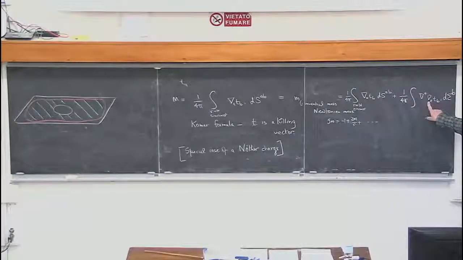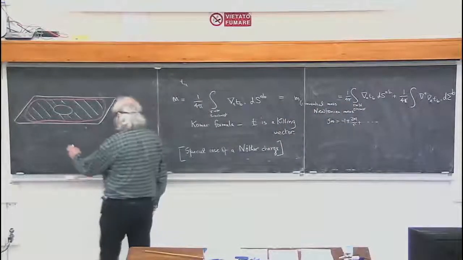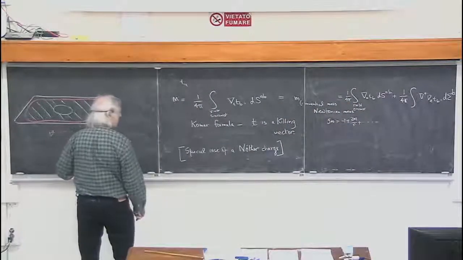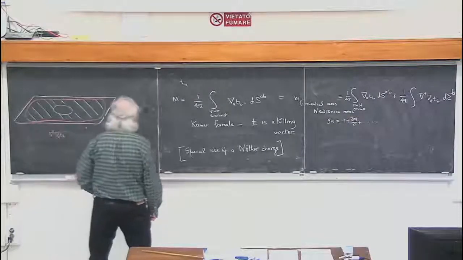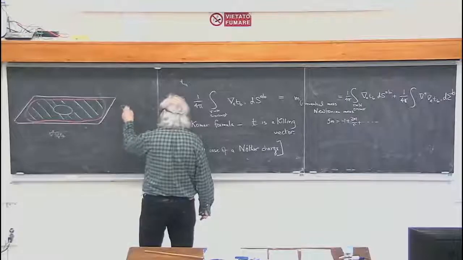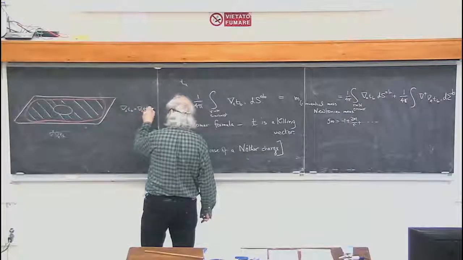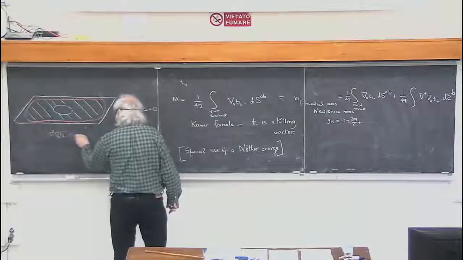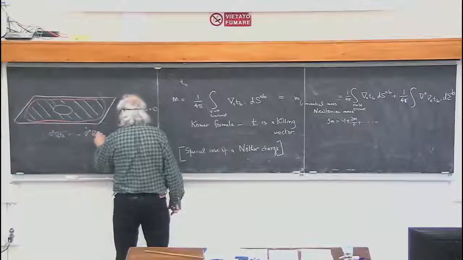So what is box acting on a Killing vector? Well, del A of TB, well, a Killing vector obeys del A TB plus del B TA equals 0. So this thing is equal to minus del A del B TA.